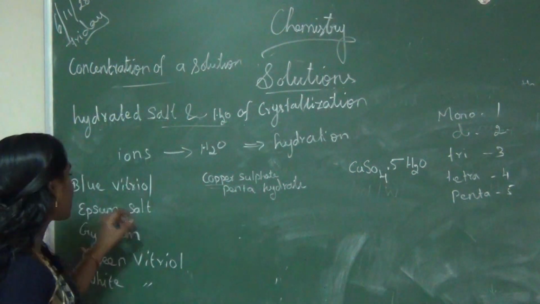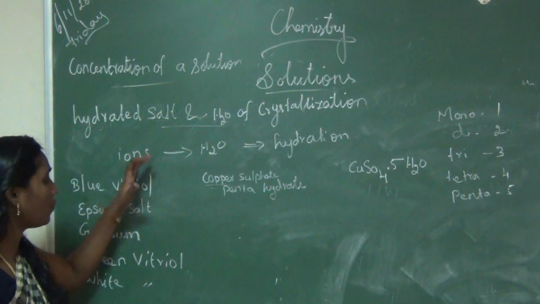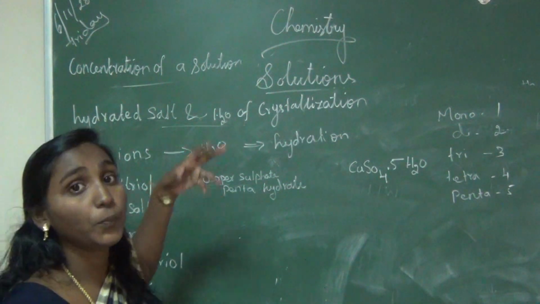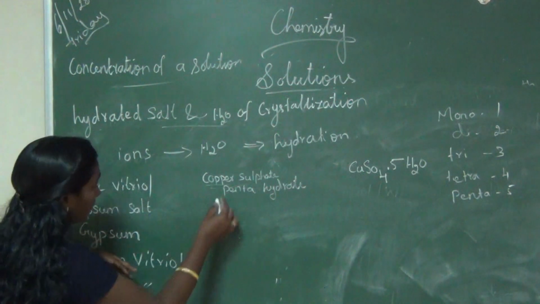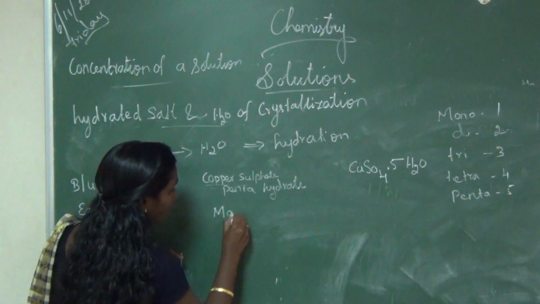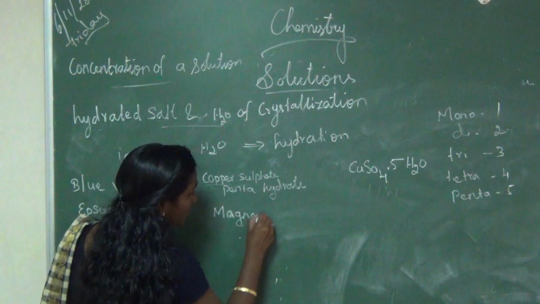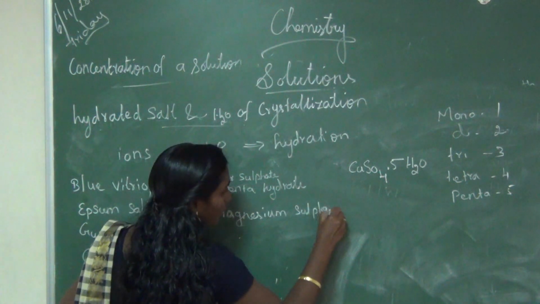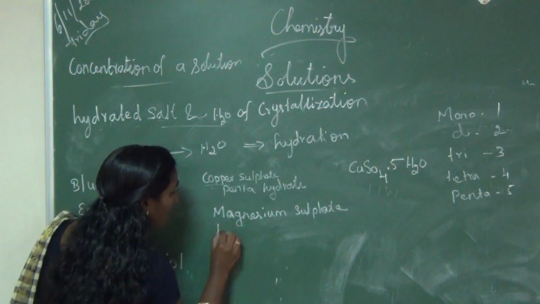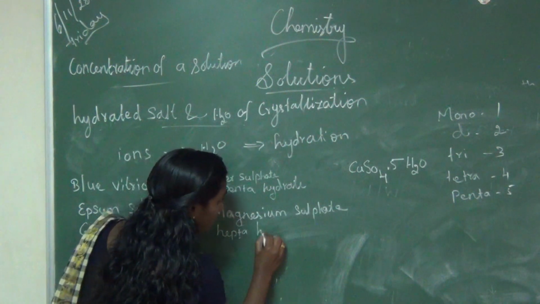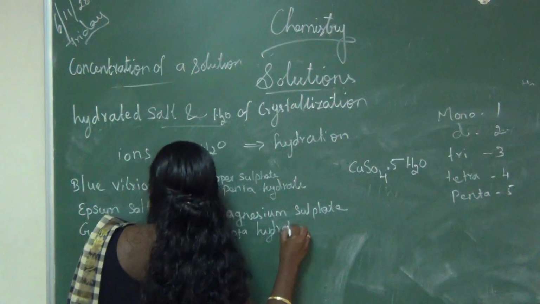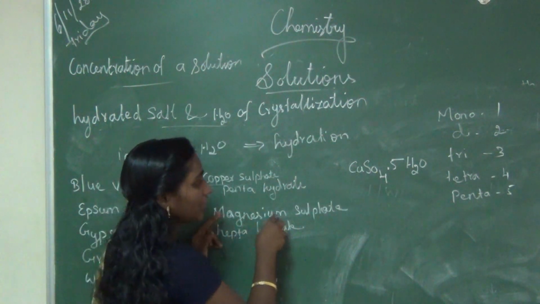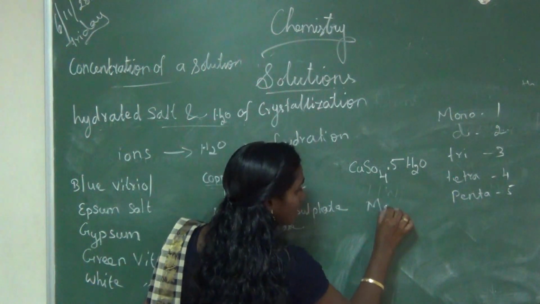The next, Epsom salt. The IUPAC name is magnesium sulfate heptahydrate. So we can write the molecular formula. Magnesium formula is Mg, right?